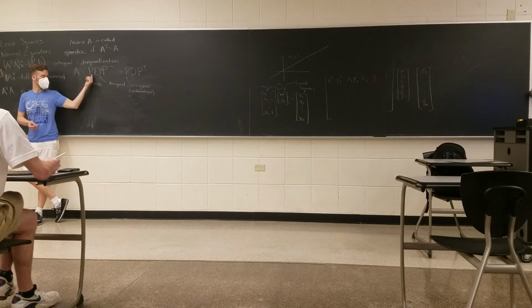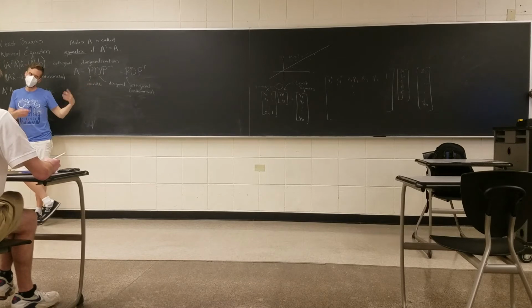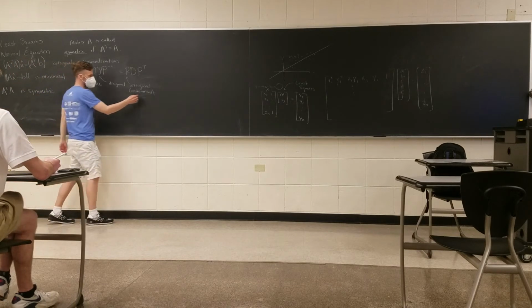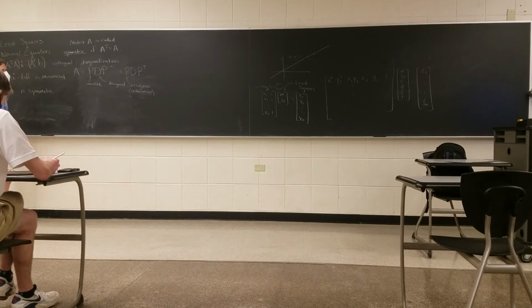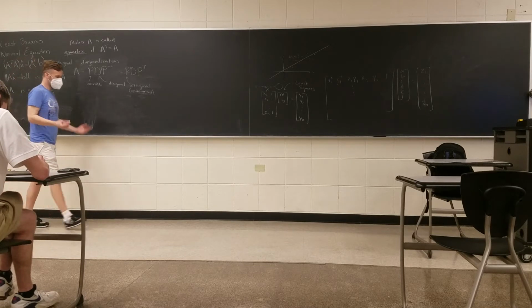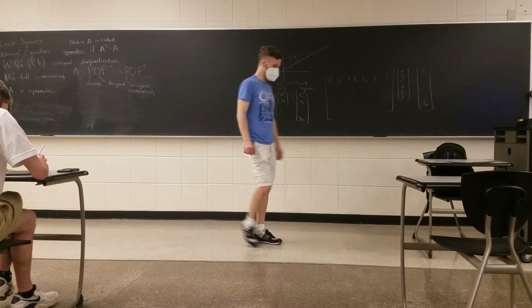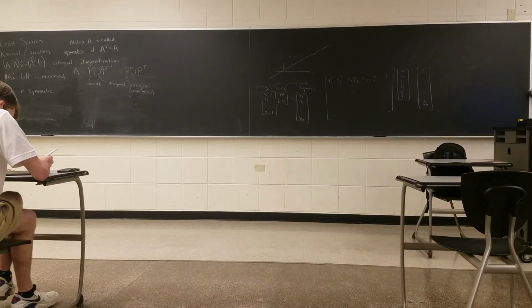So we can pick them to be normal vectors. So why not choose normal vectors, and we have this additional constraint that they're orthogonal columns. Okay. So what must be true of a matrix A in order for it to have an orthogonal diagonalization?